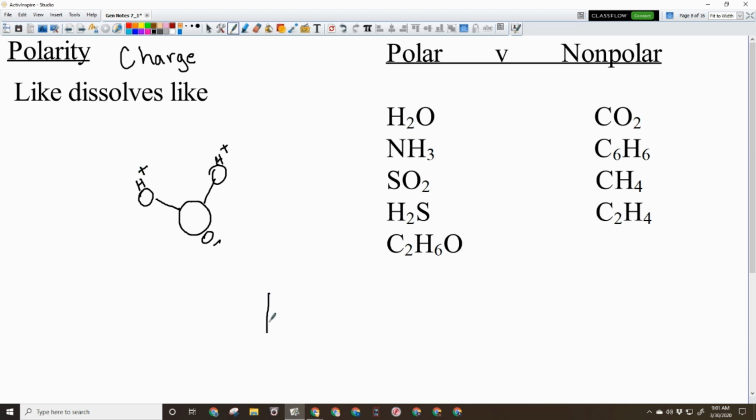Well, when we take this molecule and we put it together on paper like this, we know that the charge of oxygen is a -2 and the charge of the hydrogen is a +1. Now we have two of these hydrogens, so this total charge is a +2. I remember when I said when we make compounds, we have to make sure this charge equals 0. Okay, and so this whole molecule as a whole, the charge is neutral.